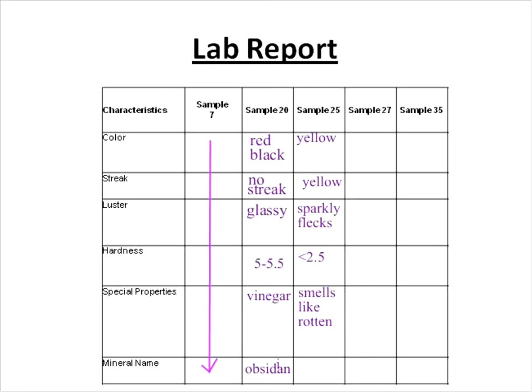I'm going to take my vinegar, here's another chunk that crumbled off because it's not very hard, and put my vinegar on it. There's no fizzing, there's no bubbling, so there's no chemical reaction. You know, it's not magnetic. So really the only and most important special property that allows us to identify sulfur before you even see it. Some people have water that's sulfury. It smells like rotten eggs.